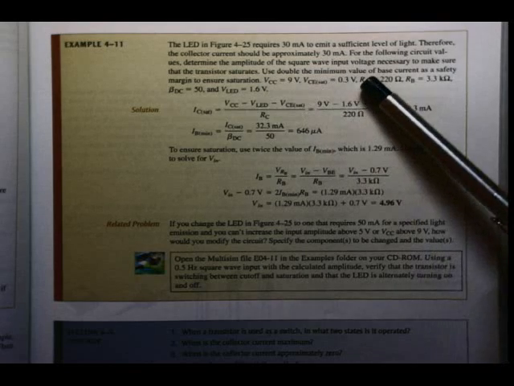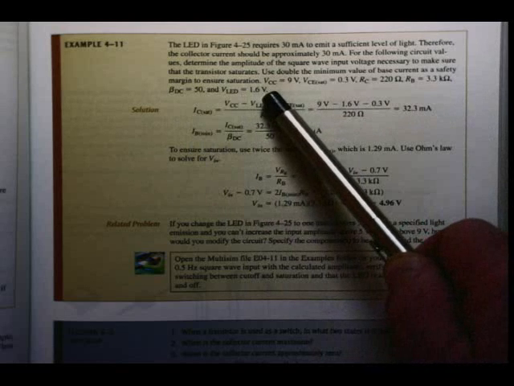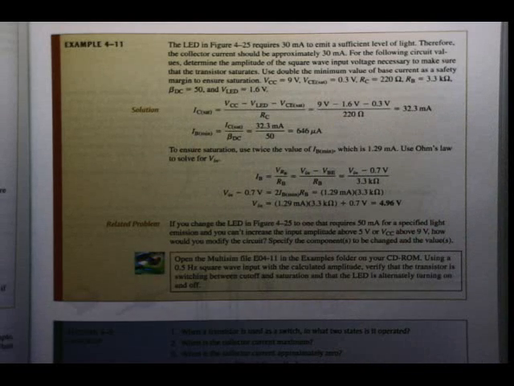Use double the minimum value of base current as a safety margin to ensure saturation. Remember, we've said earlier, I'm limited by my circuit for the maximum current. At some point I can increase IB as much as I want, but IC cannot increase because of the limitations of my circuit, as we've seen.